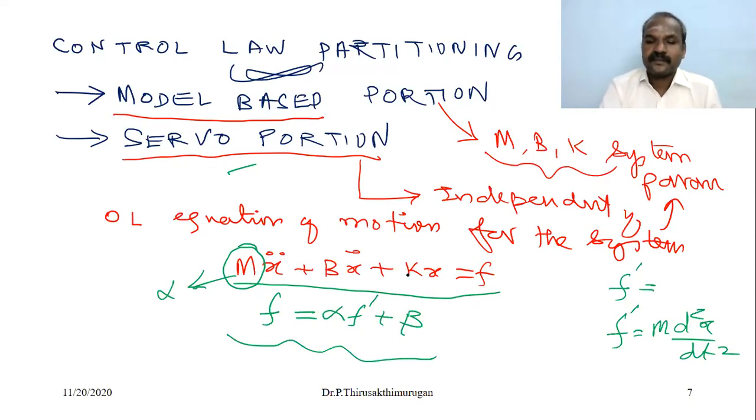So when compared with this relation, this portion is partitioning. So with unit mass, this is alpha, this is beta. So what is x double dot? x double dot is f dash. Clear or not?